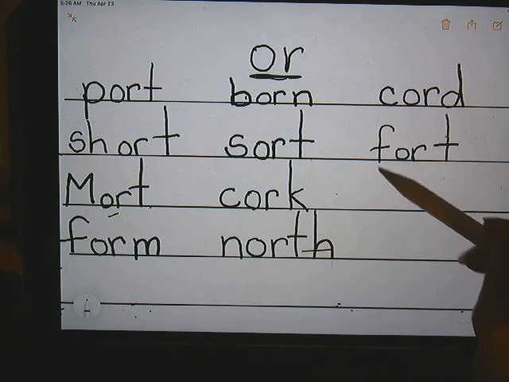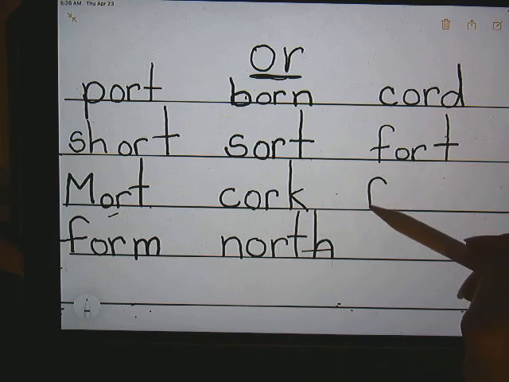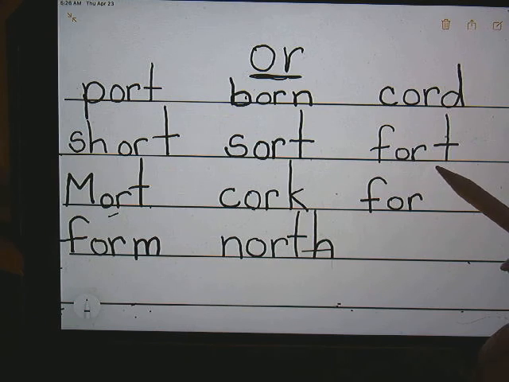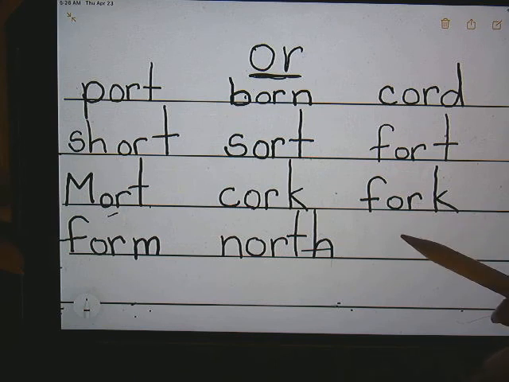Sound t, blend fort. Word fort. Sound f. Sound or, blend for. Sound k, blend fork. Word fork.